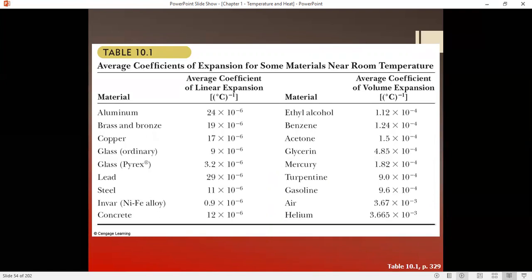Now, looking at some of these different objects, we can look to the left-hand side and see the thermal expansion for different metals. Aluminum is a relatively soft metal, although it's light and very strong for its mass. The bonds between the different metallic ions is not as strong as, let's say, copper, or as in the case of steel.